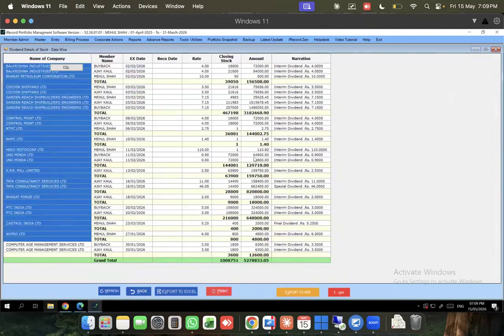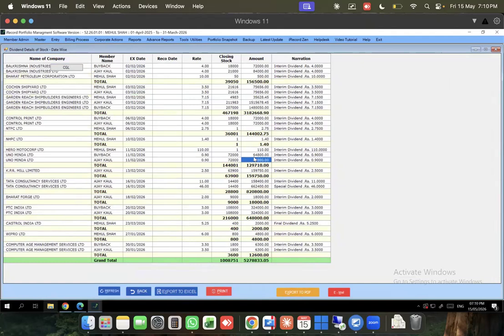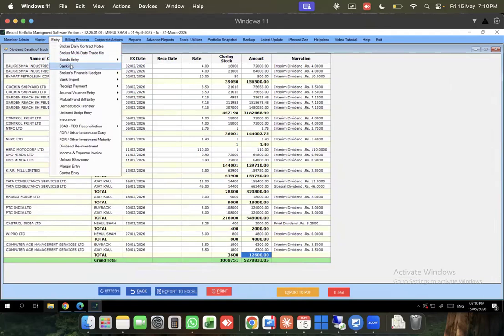This report is just for analysis. There is no accounting entry being passed by the system automatically. This amount that we are looking at is at a gross of TDS level on accrual basis. The moment it hits your bank, you'll have to import your bank and then record the entry at the entry level.